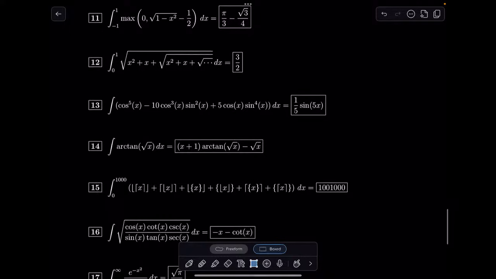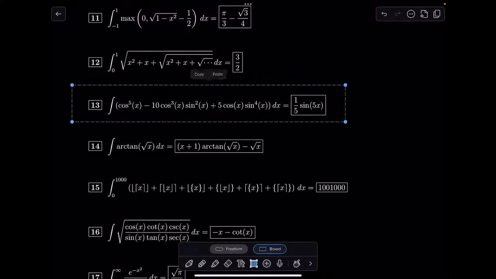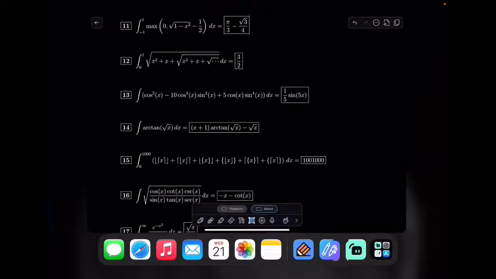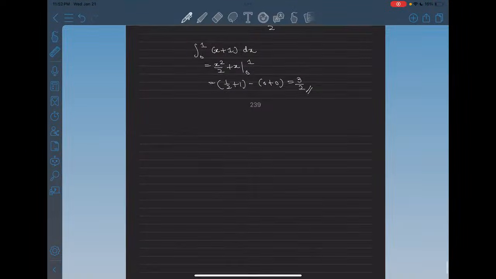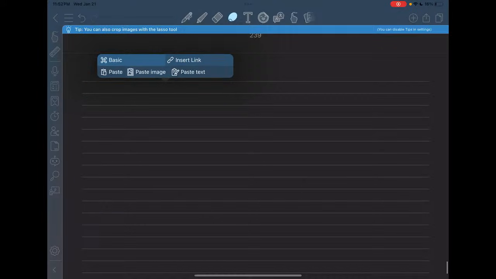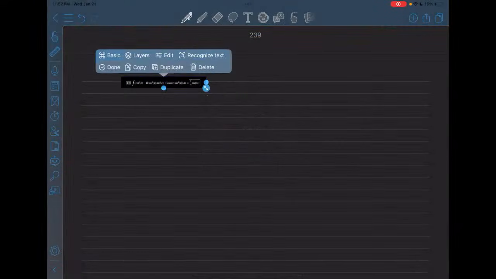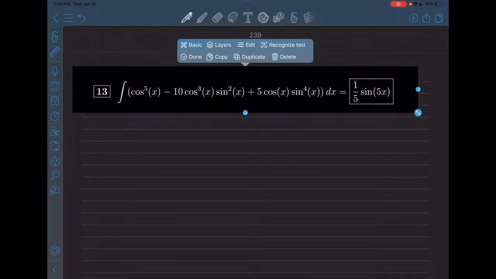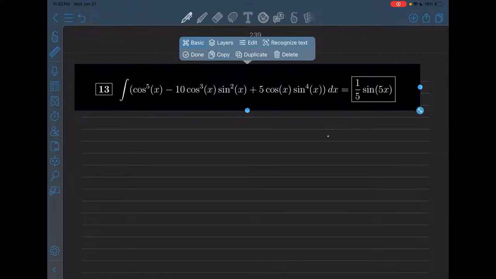Problem 13. Woo! This one looks terrible. This one looks really complicated, guys. Let's first think, guys. Let's not do it immediately.